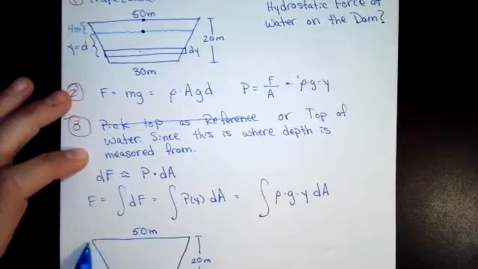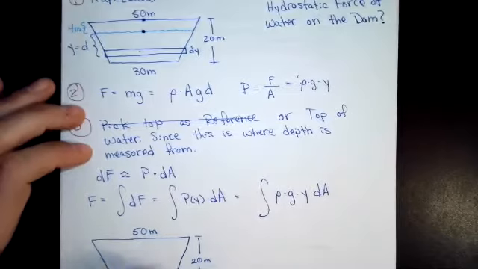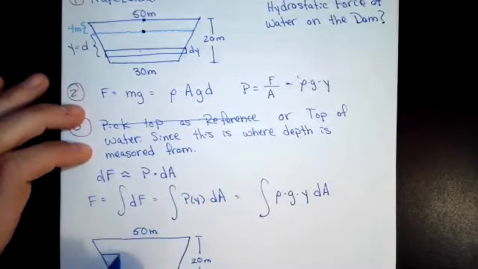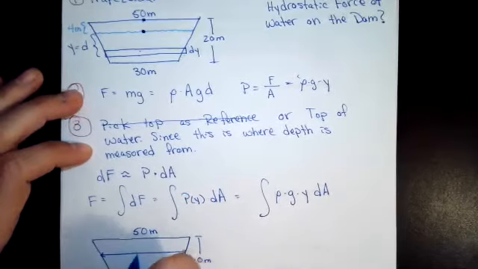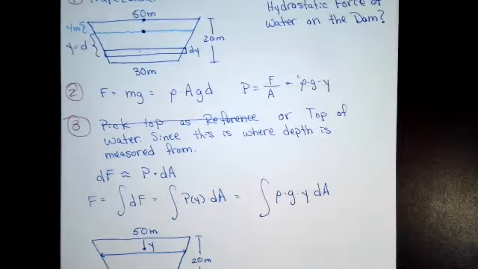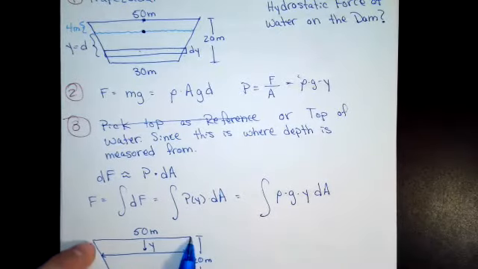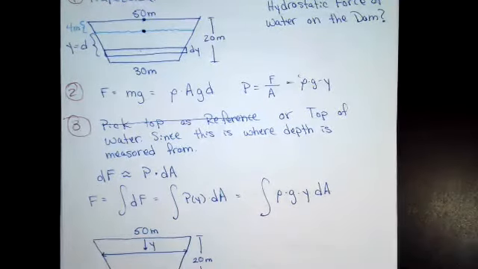We want to figure out the rate of change of the width as I decrease a distance of y. If I'm starting at the top and I decrease by 20, the total width decreases by how much?